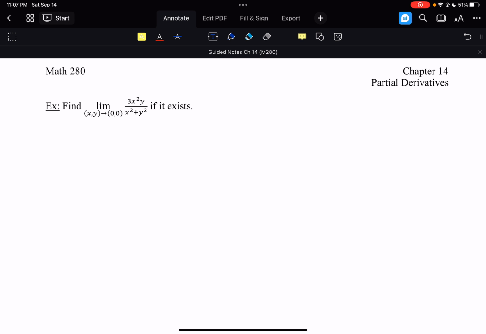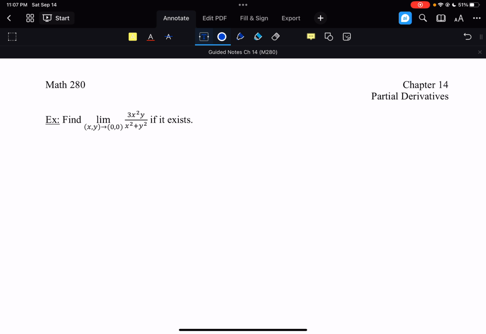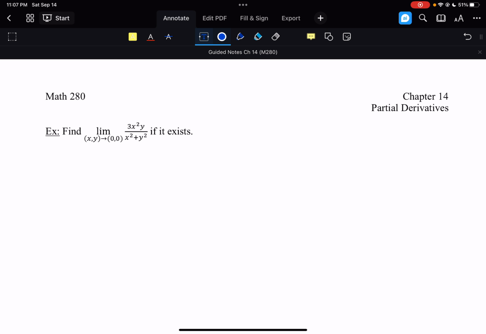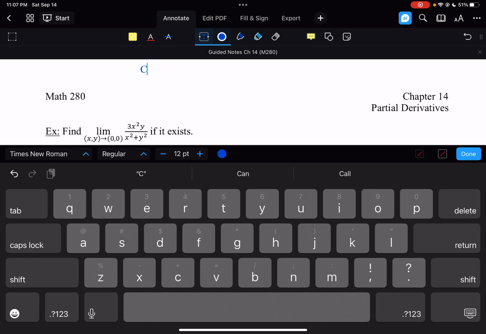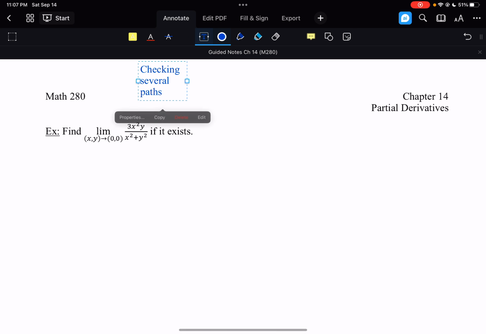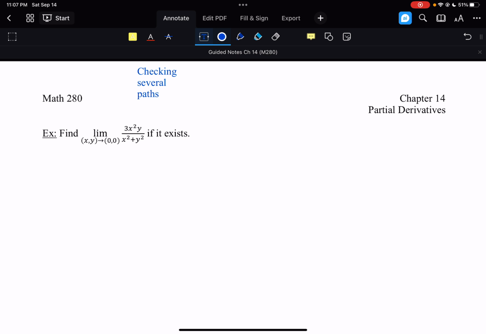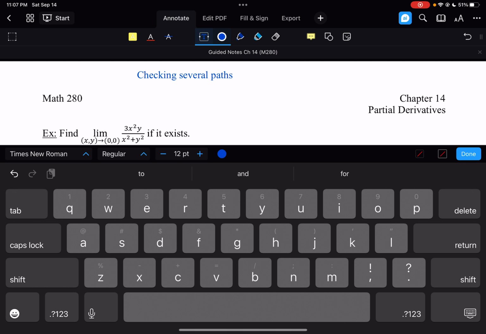So here we have the limit as (x, y) approaches (0, 0) of 3x squared y over x squared plus y squared, if it exists. The first thing we would do is check a bunch of paths and see what we get. So, checking several paths gives us 0.